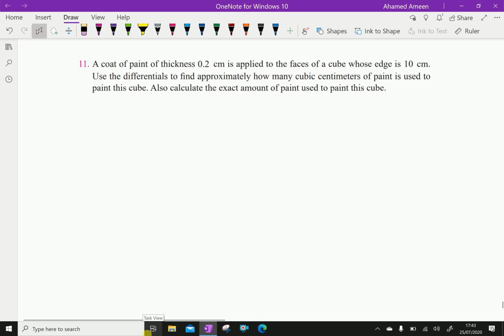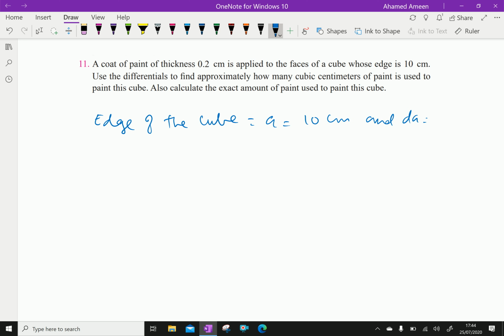Here first given thing, edge of the cube a equals 10 centimeter, and dA, the change in edge length, is 0.2 centimeter.